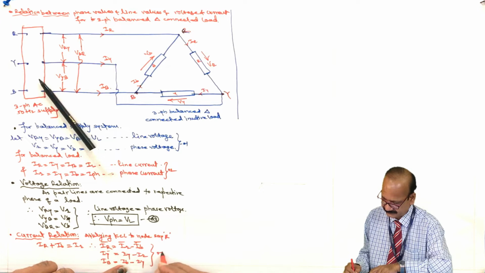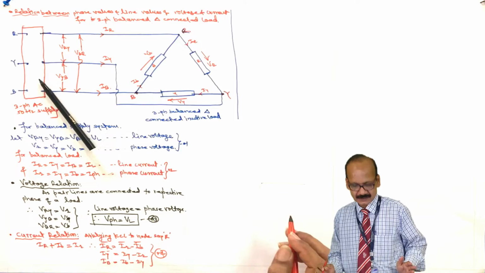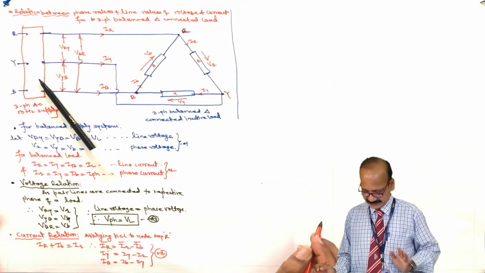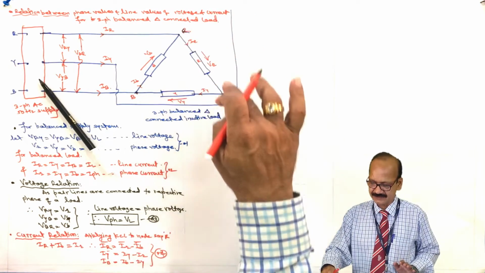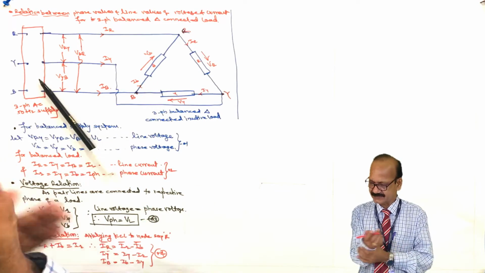So this is equation 4. In this way, we have applied KCL to nodes R, Y and B, and we got these relations. Now we have to draw the phasor diagram.